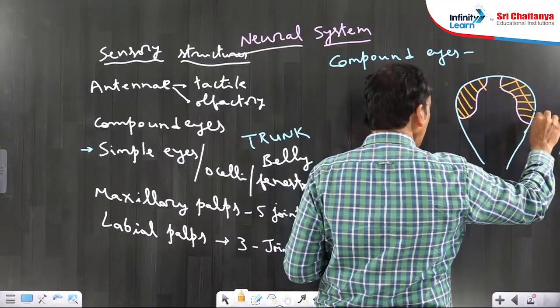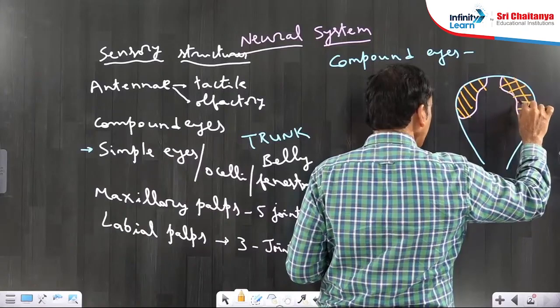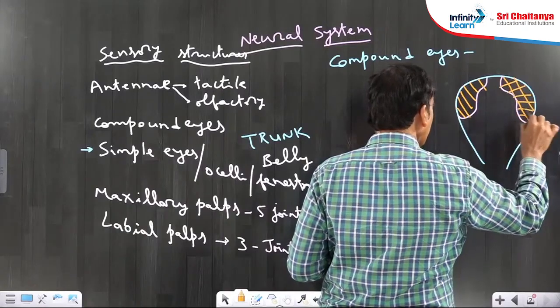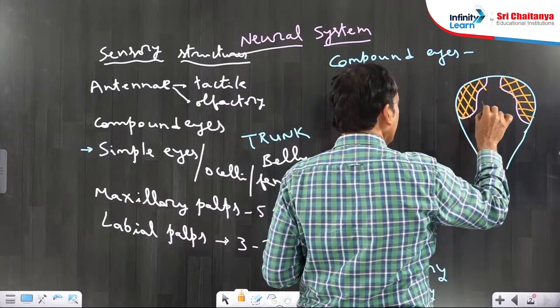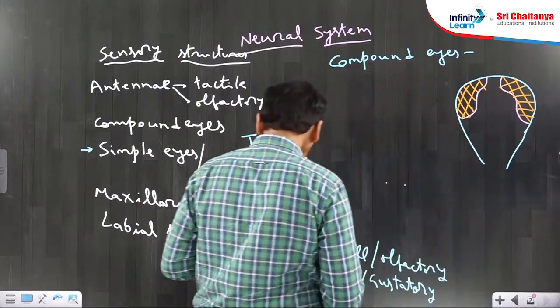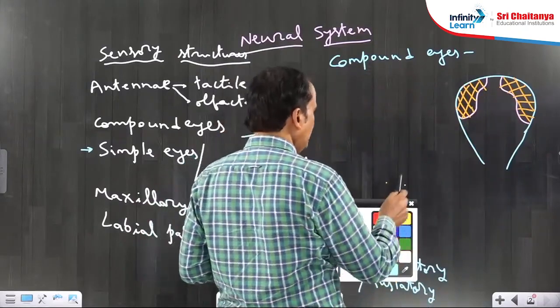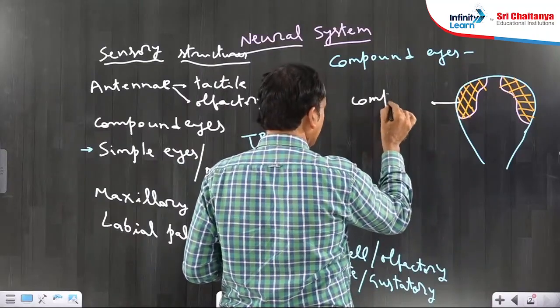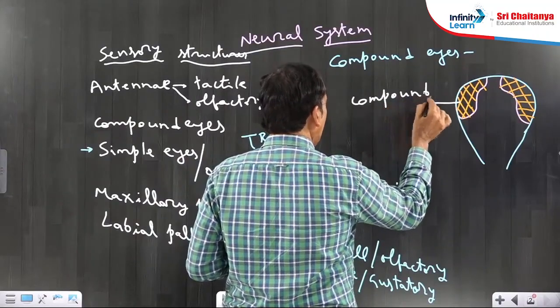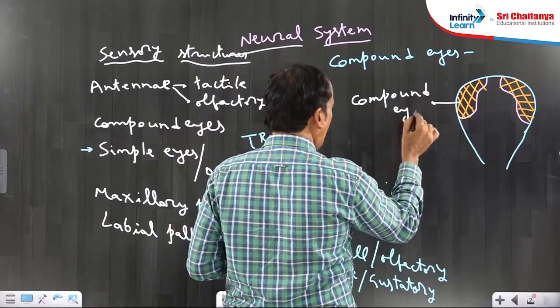These compound eyes are made up of, again, small units. That's why the eye is called a compound eye.